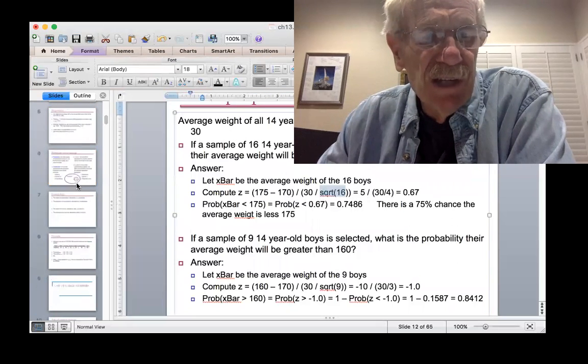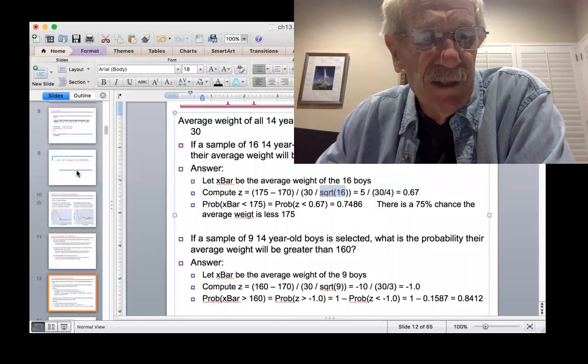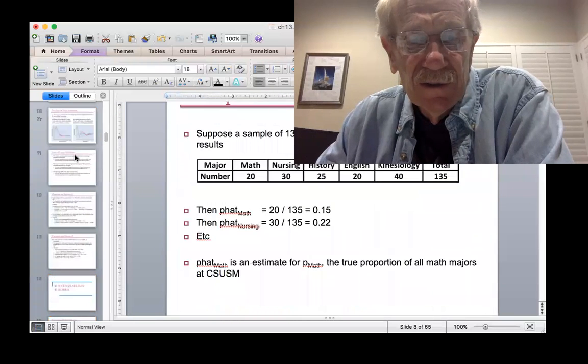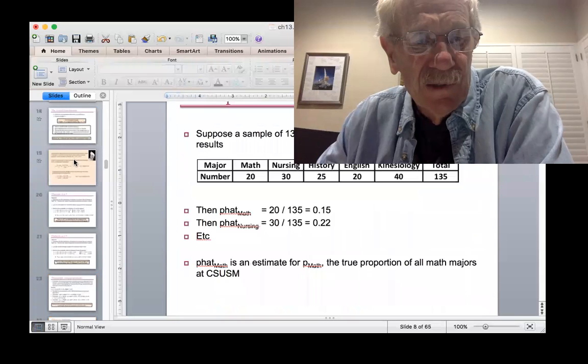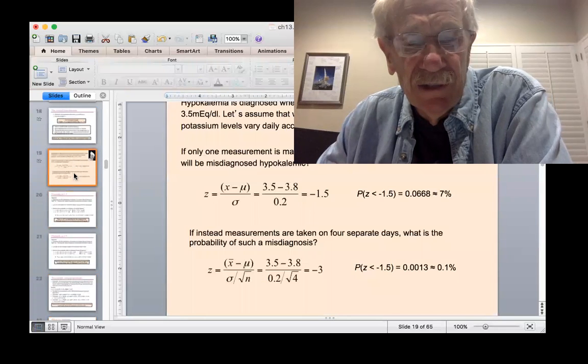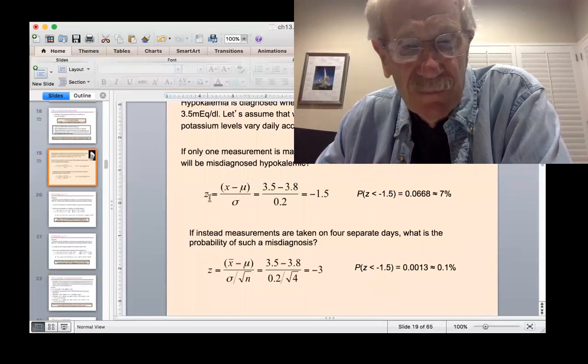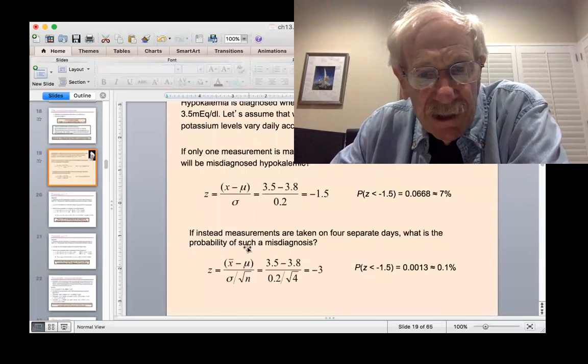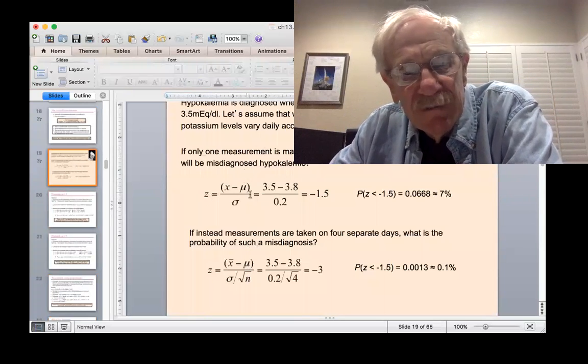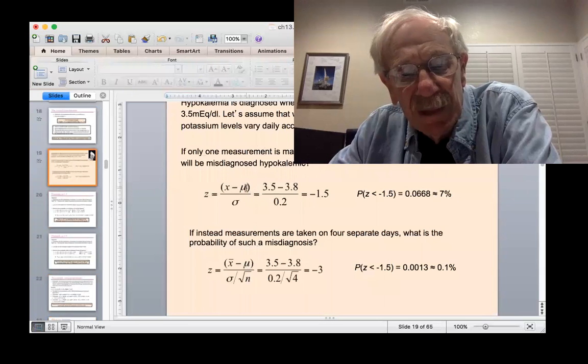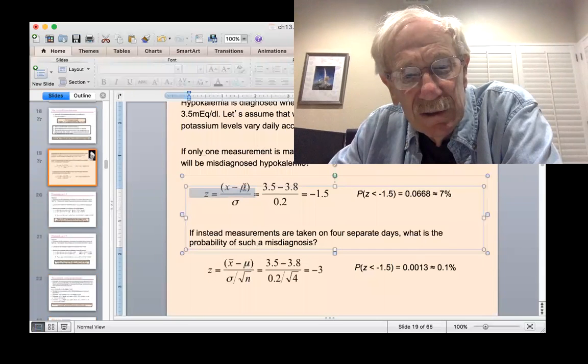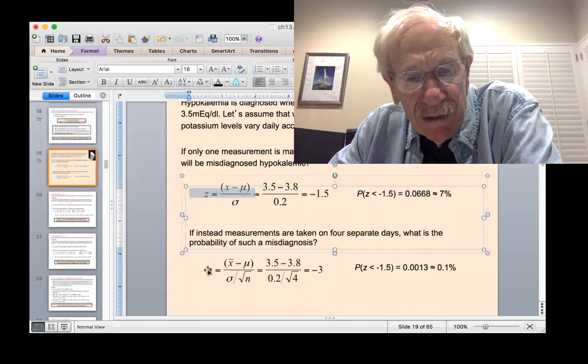Let me go back and see if I have it written out in any way. Yeah, there's one. No, these two are the main formulas that you need. This one that I just highlighted, and this one down here.